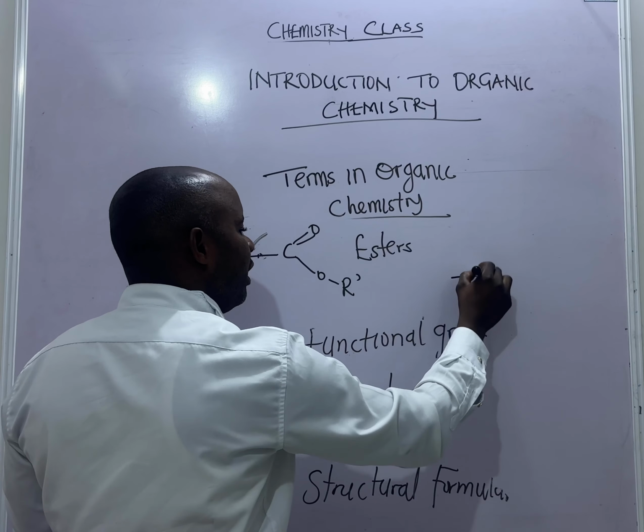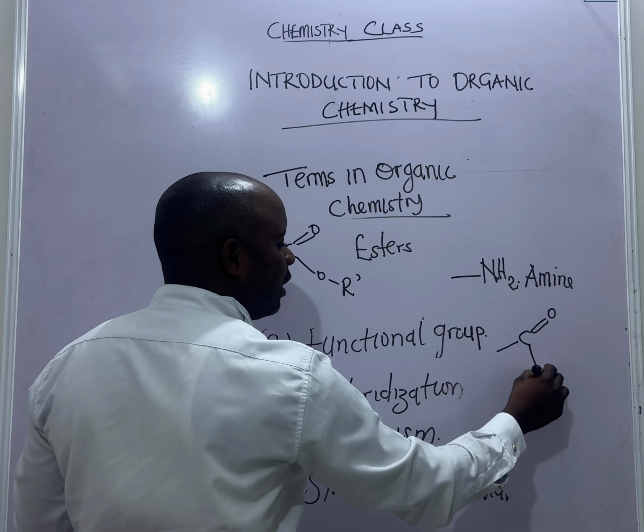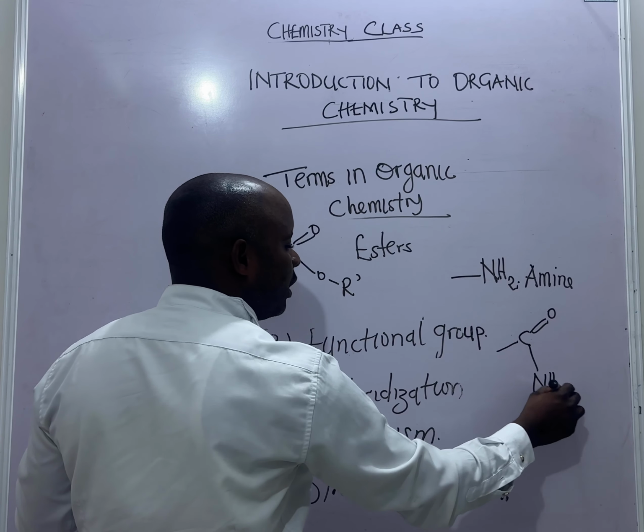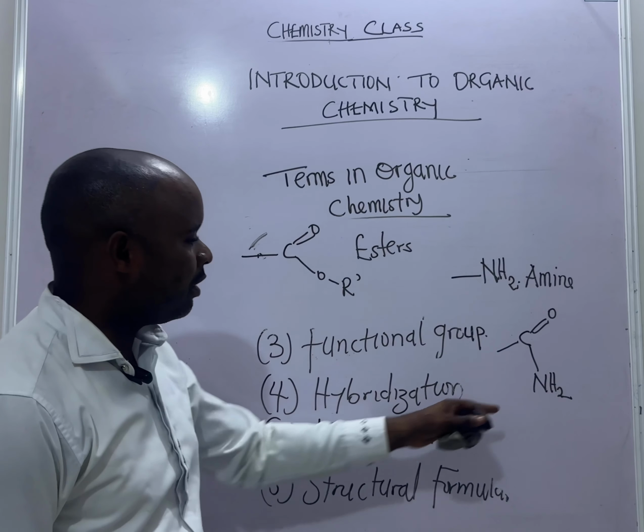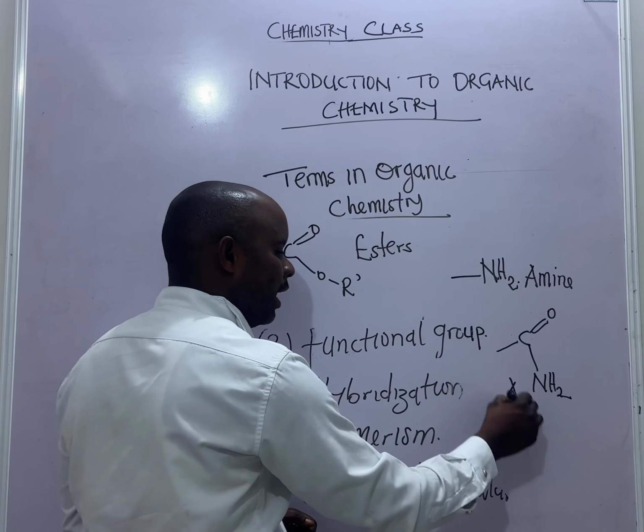This is the imine. We're going to talk about the amines. The amines are just like this. So each time I see this kind of group in an organic compound, I know it's from a family of amide.